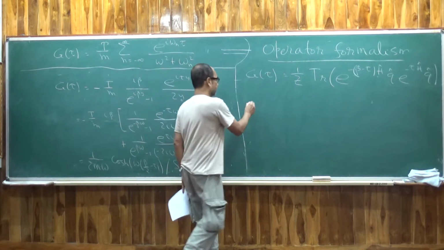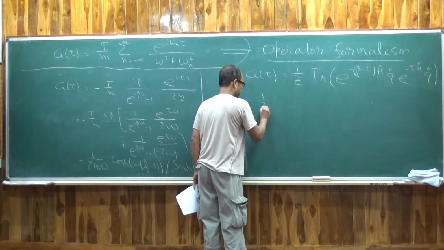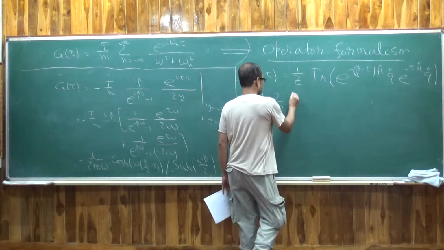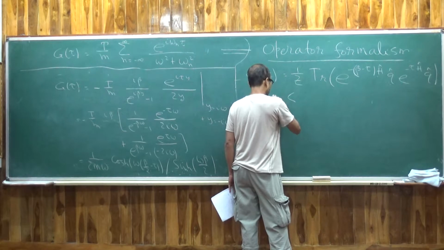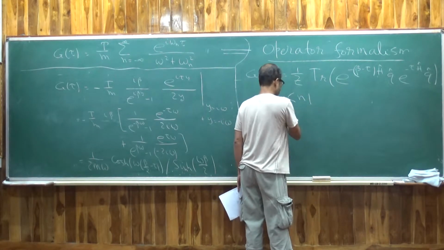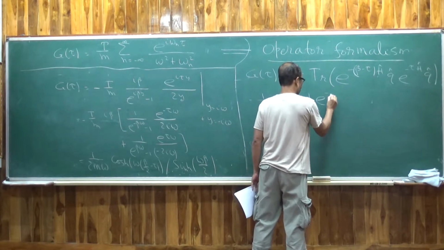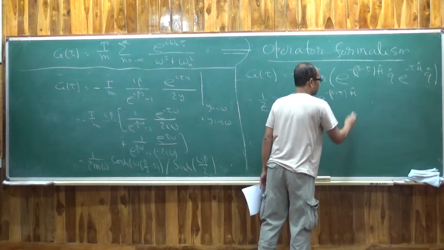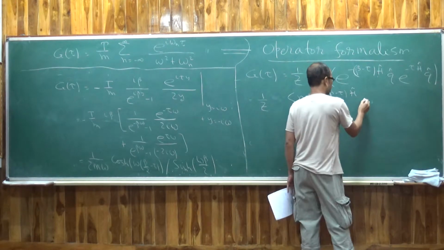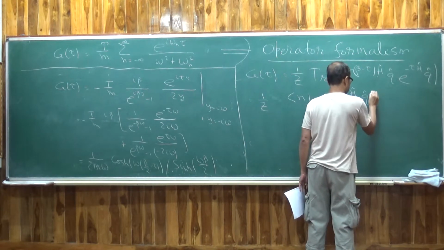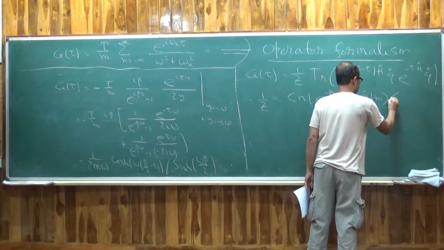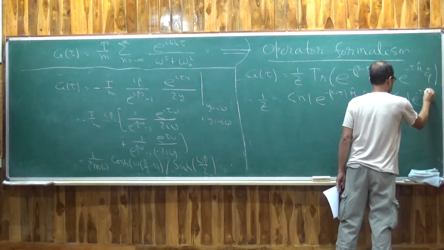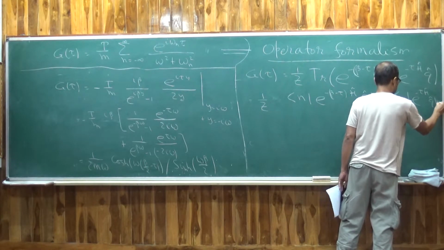So these I now express in the energy eigenbasis, sum over n. I will not write the sum over n, it should be understood. ⟨n| e to the minus (β minus τ) Ĥ q̂ |m⟩⟨m| e to the minus τ Ĥ q̂ |n⟩.